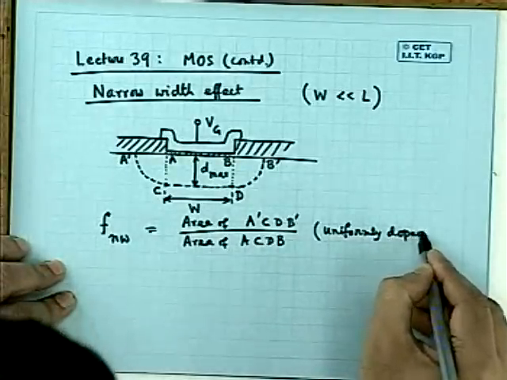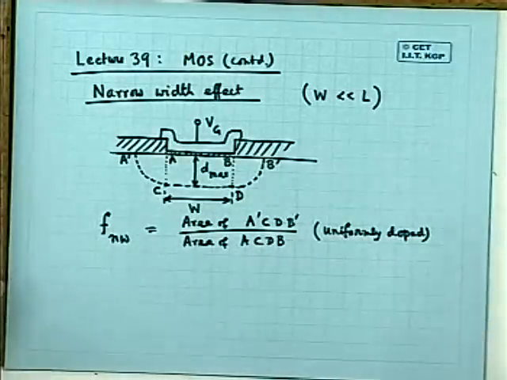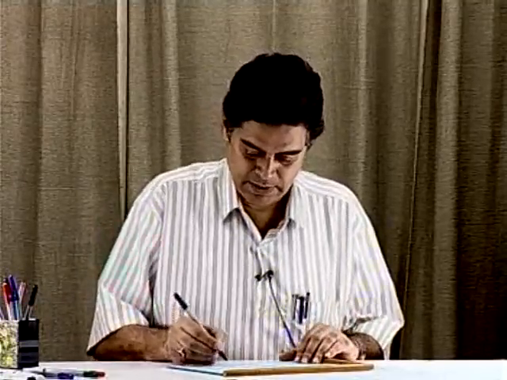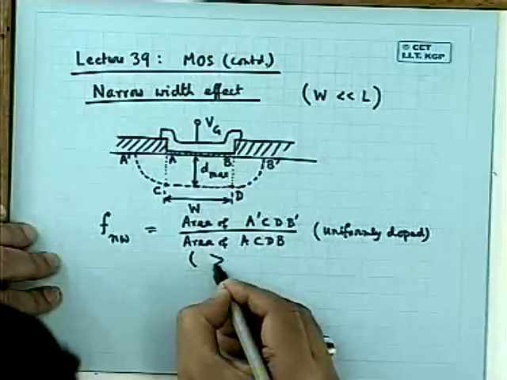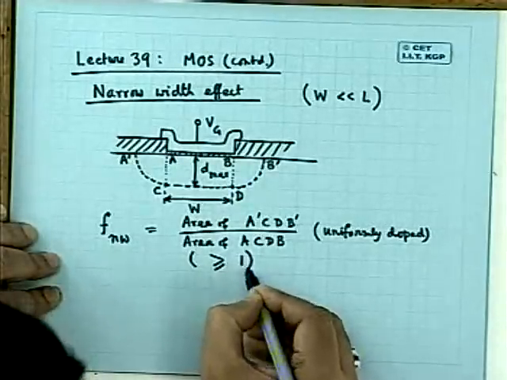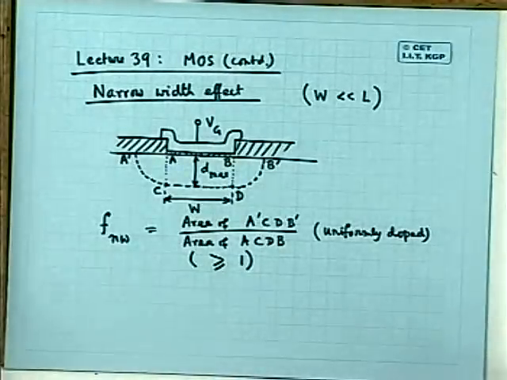So earlier expressions are also valid only for the uniformly doped case. For implanted channel, you have to modify it. You can do it yourself for implanted channel. Is it correct? And this is one thing you note, this is greater than or equal to 1 instead of less than or equal to 1.